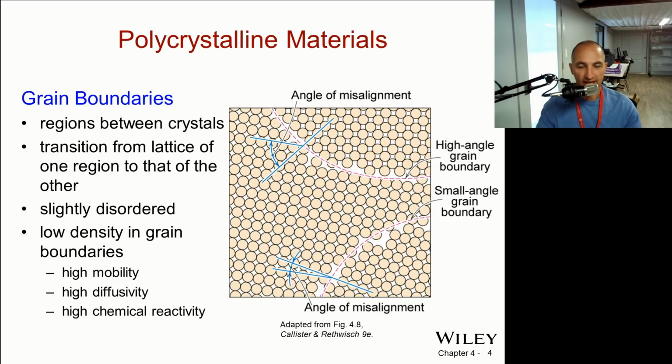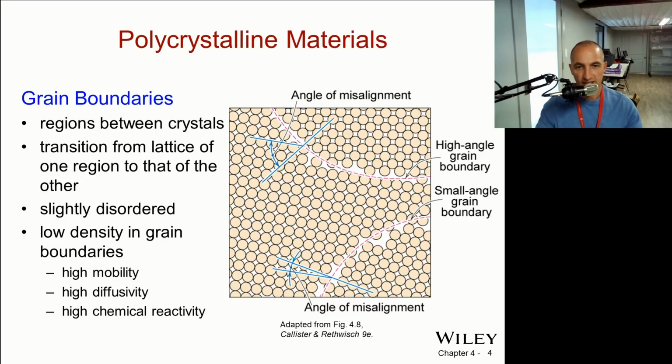And this is an area, we're slicing through it as a two-dimensional image, but if you can imagine this as being a solid crystal, which has an area to it. And the transition from one lattice region to the other is this grain boundary.